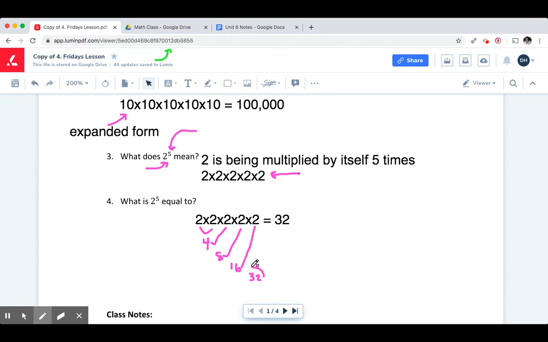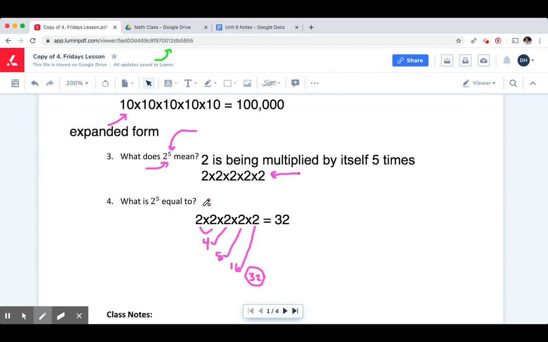Notice I'm taking it one step at a time because I can't do 2 times 2 times 2 times 2 times 2 all at once in my head. So I start with 2 factors, then I multiply it by another 2, and then another 2, and then the last 2 to get my final answer of 32.